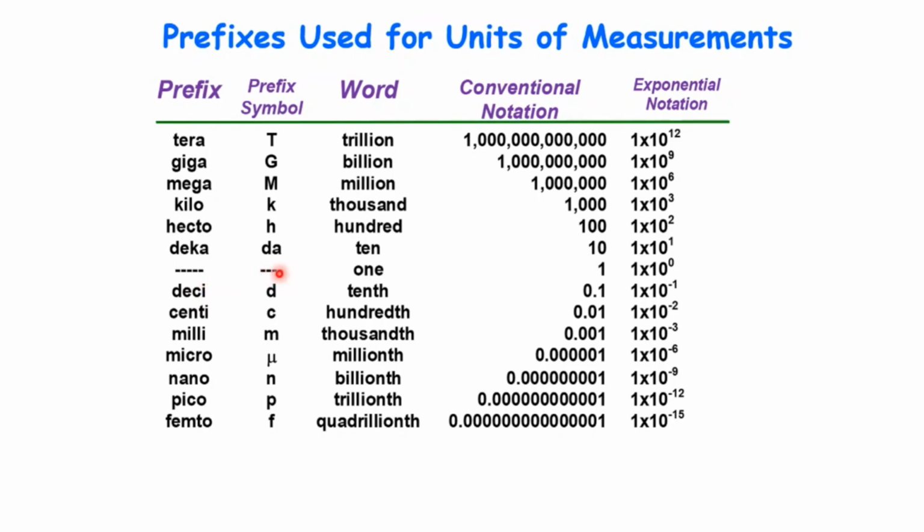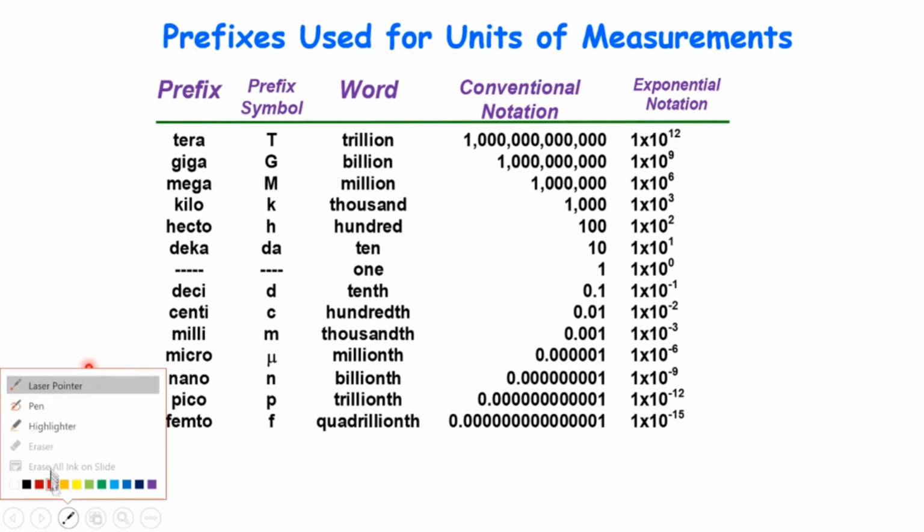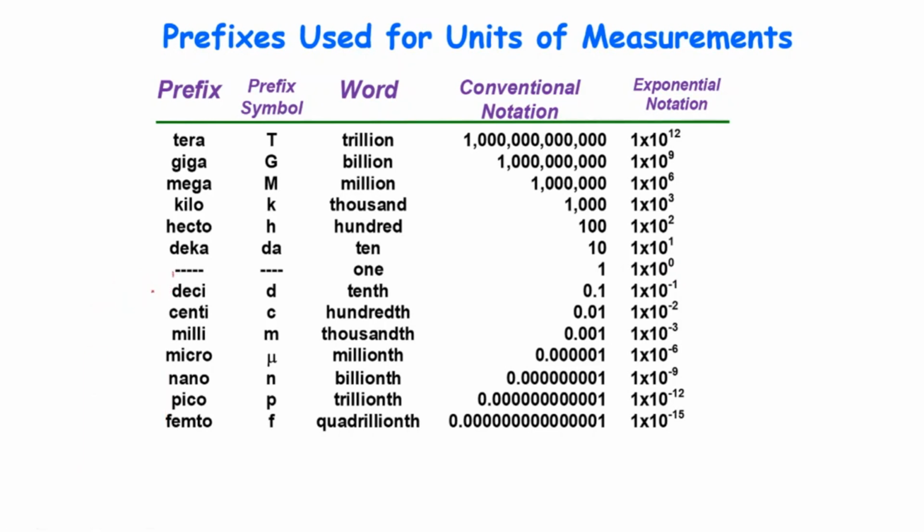If we take meter, that's the unit for length. 1 meter is 1 times 10 to the 0, that's 1. That's just where the base unit is located, right here.